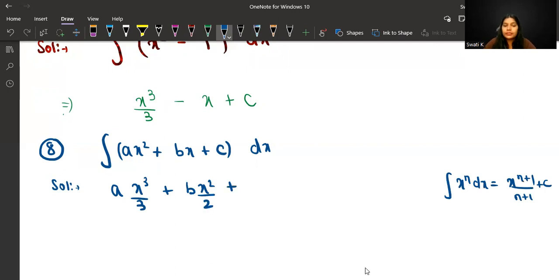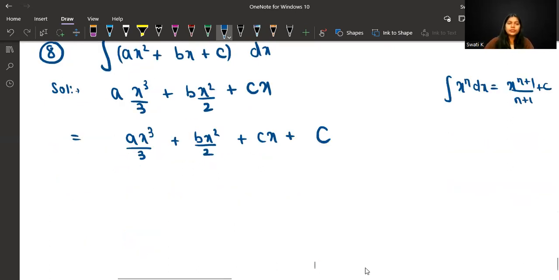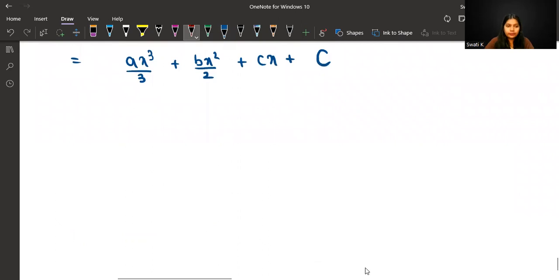And this will become c integration of 1, right? C into 1. So integration of 1 dx is x. Therefore the answer is ax cube upon 3 plus bx square upon 2 plus cx plus constant of integration. That's the answer.